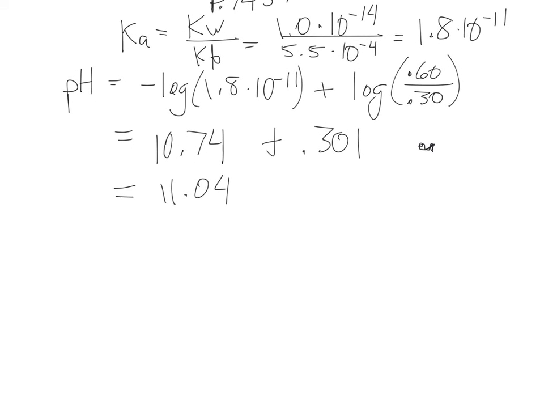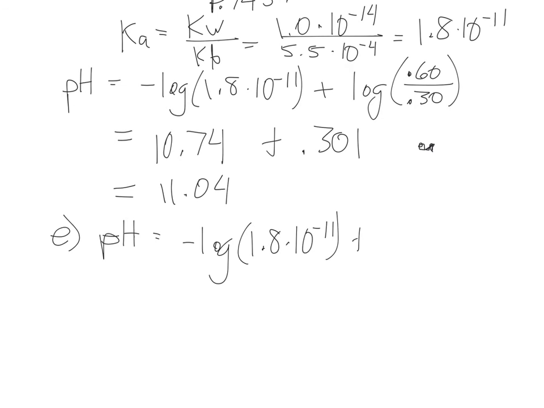Part E is going to look a lot like Part D. It's the same exact dissociation. And this time, if you look at Part E, the concentration of both the acid and the base are the same. In my case, the red numbers are 0.59 and 0.59.